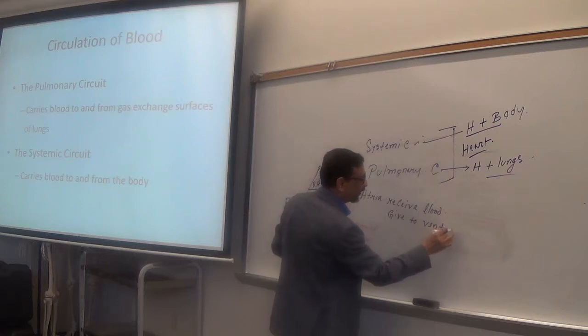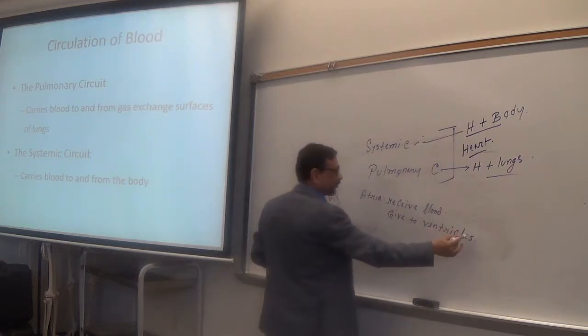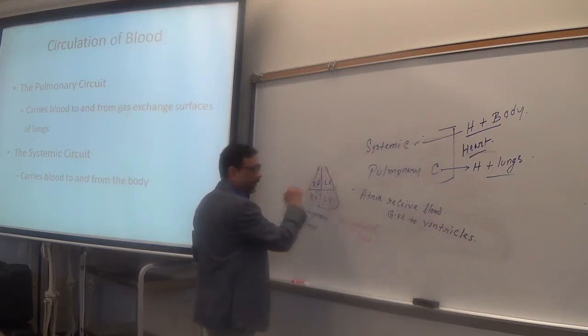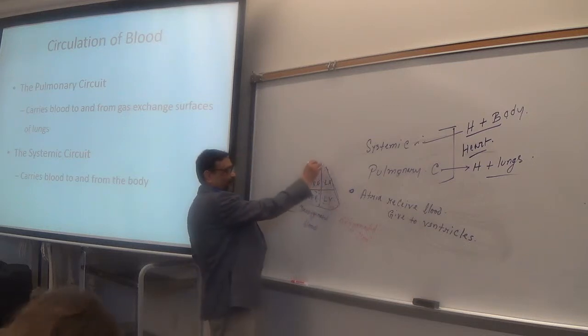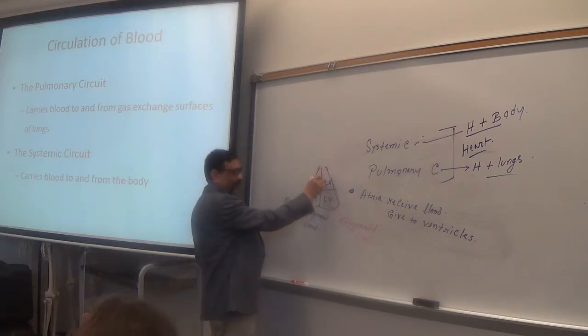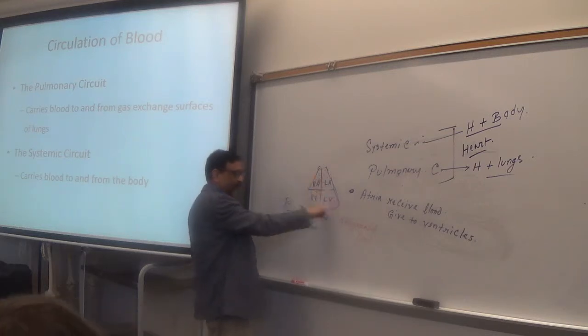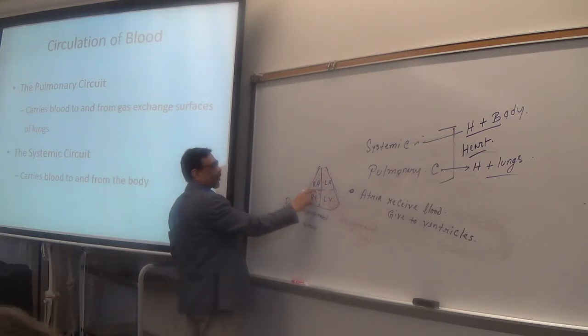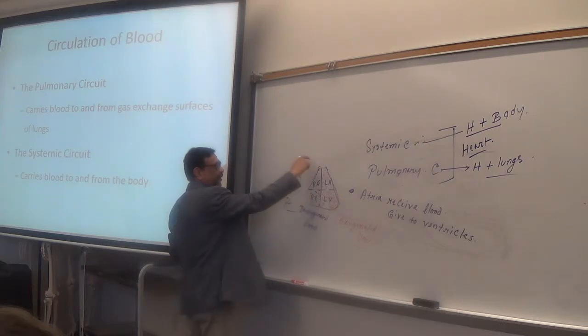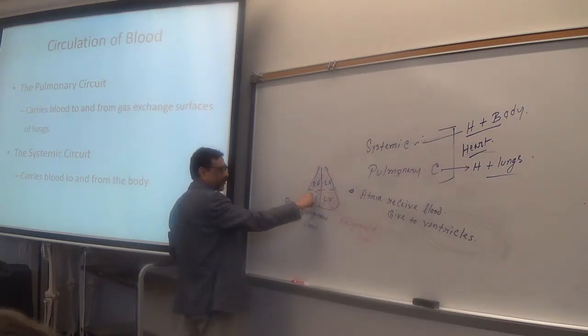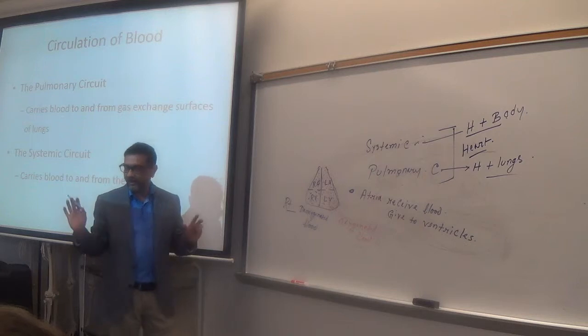Ventricle, the same side's ventricle. That is another rule. So the left atrium will receive the blood from outside and give it to the left ventricle through AV valves. You remember that. The right atrium also receives the blood from outside and gives it to the same side ventricle.